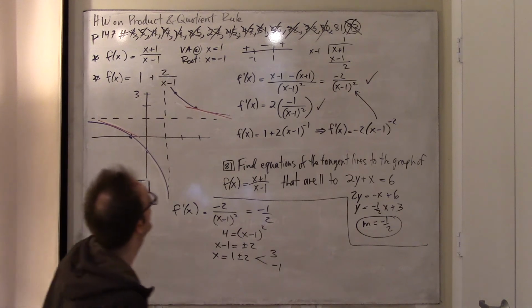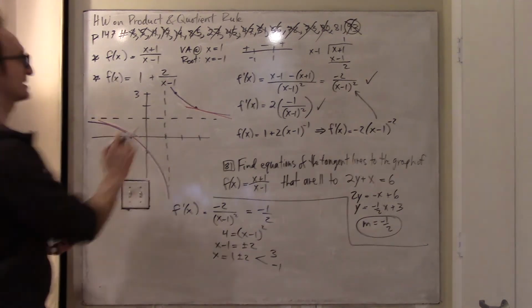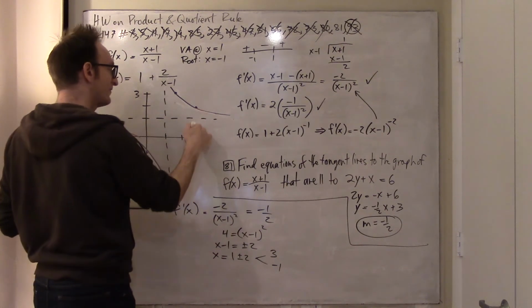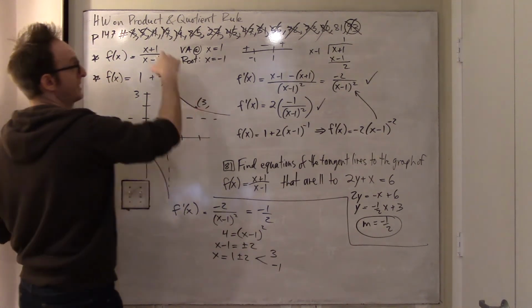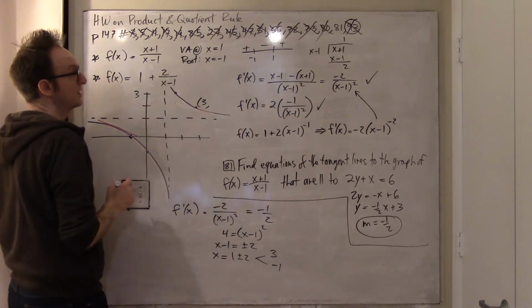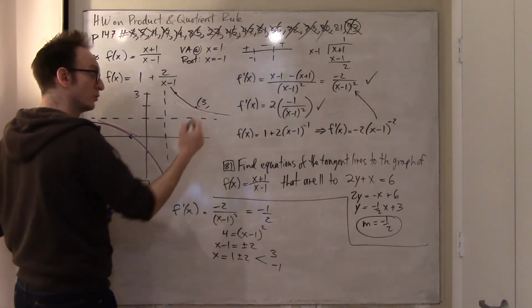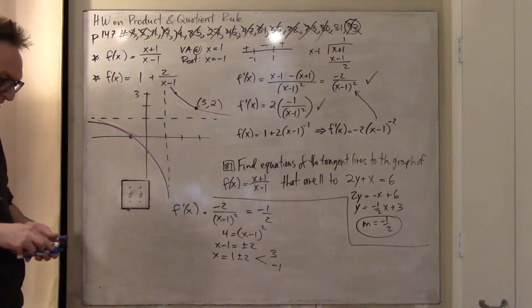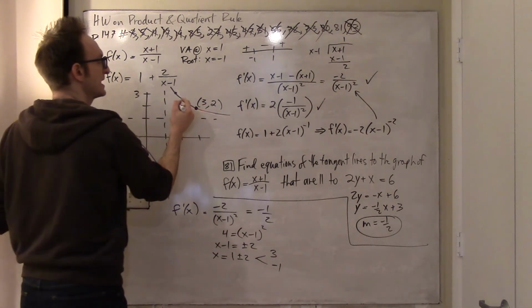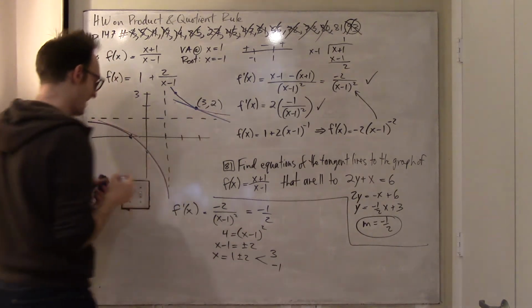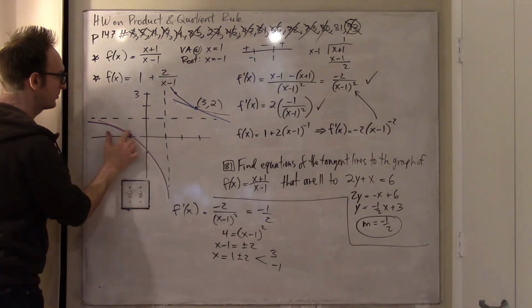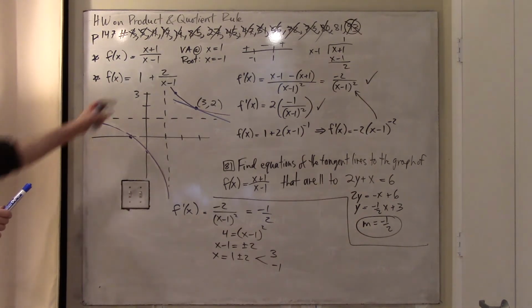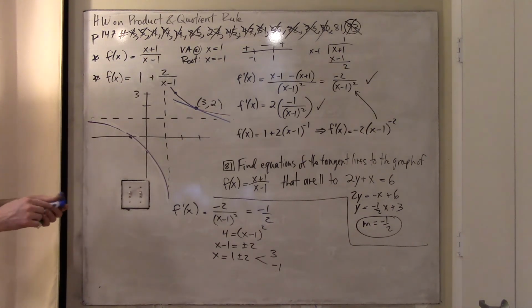So what have I just learned? I kind of suspected this already: it's this point here, 3 comma, and if you plug in 3, you get 4 over 2. So 3 comma 2 is one of the points where the slope of the tangent line is negative a half. The other point is when x is negative 1, and when you plug in negative 1 here, you get 0.